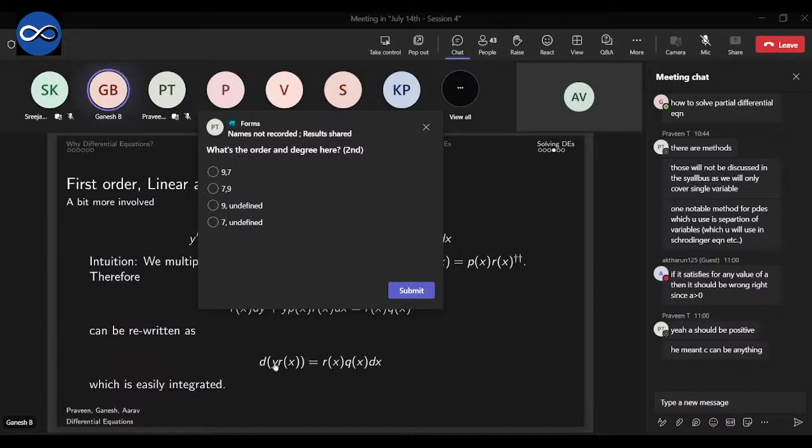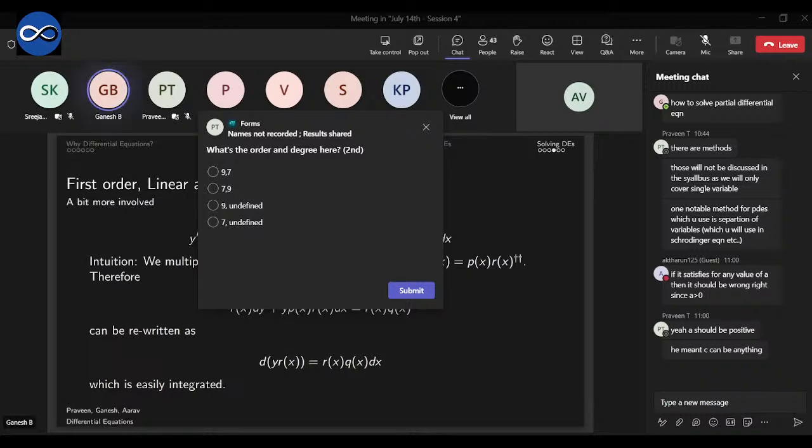So the intuition here is that you rearrange it in such a way that this r of x dy plus y p of x r of x dx is actually the differential of some function. So here that function will be y r of x. You can see that if you multiply with such an r of x so that r dash is this, you can actually rewrite it in this way.